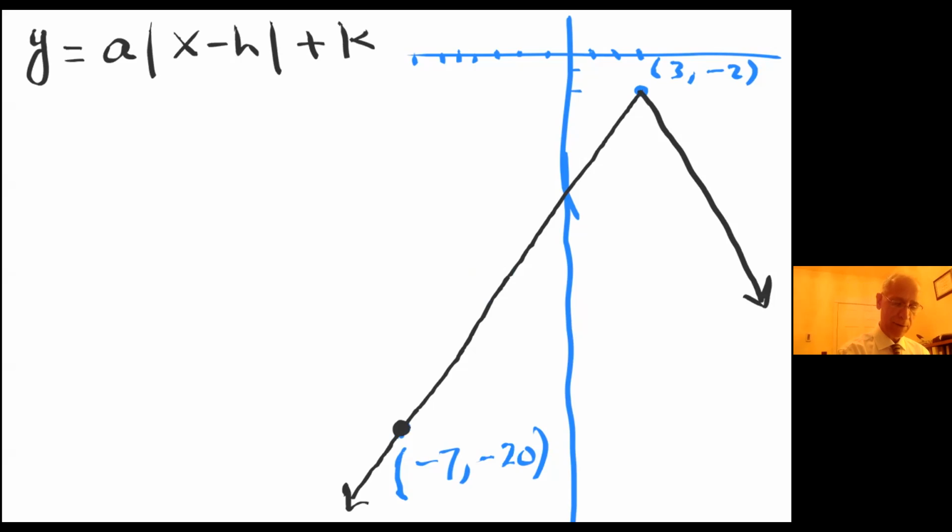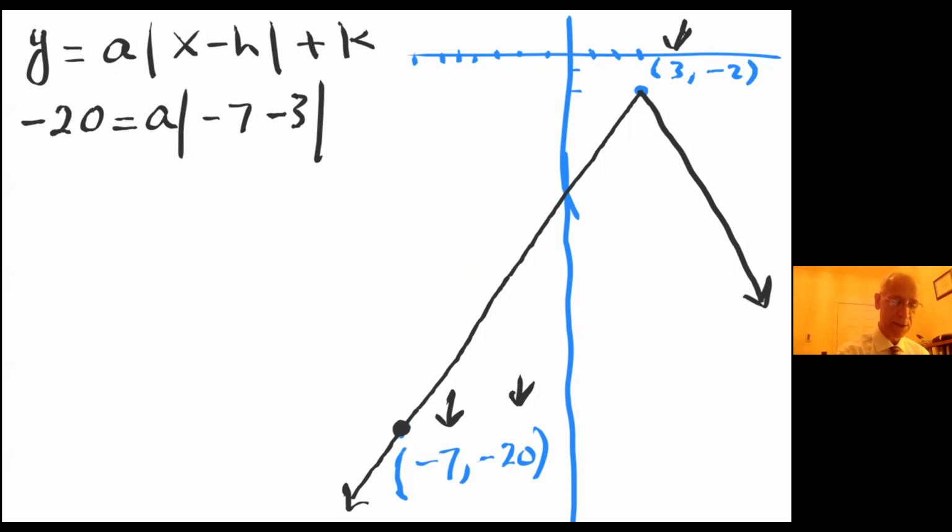The value of y I can get from my given point: -20 equals a times the absolute value of x, which is -7, minus h, which is 3, and my k is -2. Now, if I simplify this, I get -20 equals: the absolute value of -10 is 10, so 10a minus 2.